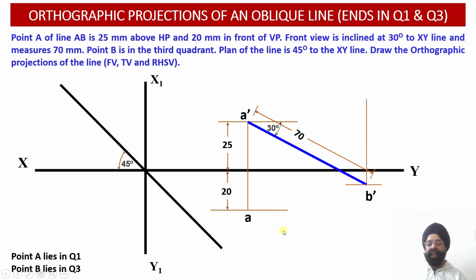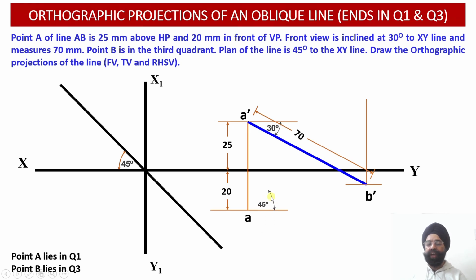But if we draw the 45 degree projection in this orientation, then end B will not lie in the third quadrant. Rather, end B will happen to lie in the fourth quadrant over here. So this angle of 45 degrees has to be drawn in this orientation.